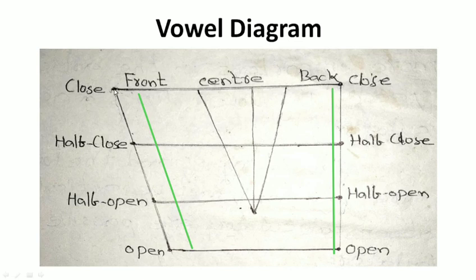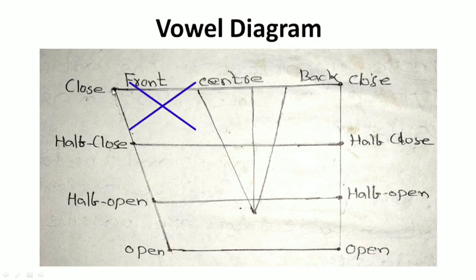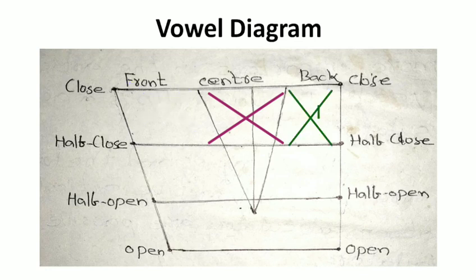This is the roof of the mouth. If we consider this is the tongue, this is where the tongue can be moved in the mouth, and this part of the tongue is the front of the tongue. This part is the center or middle of the tongue. This part is the back of the tongue.